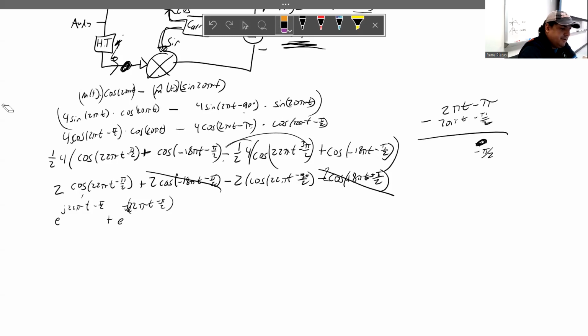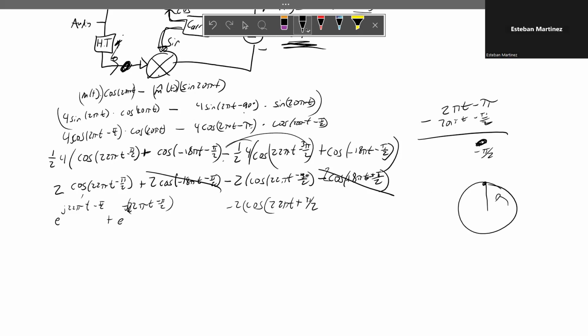If we look at the unit circle, -3 pi/2 is right here. This is the same thing as -2 cosine of 22 pi t plus pi/2.